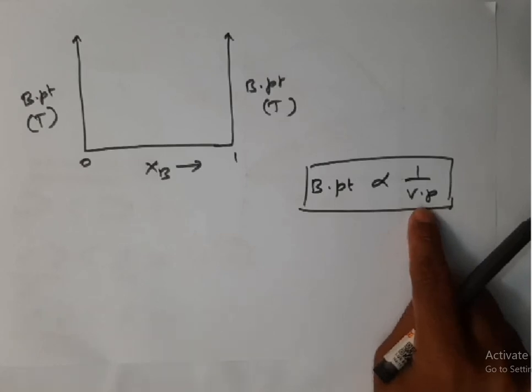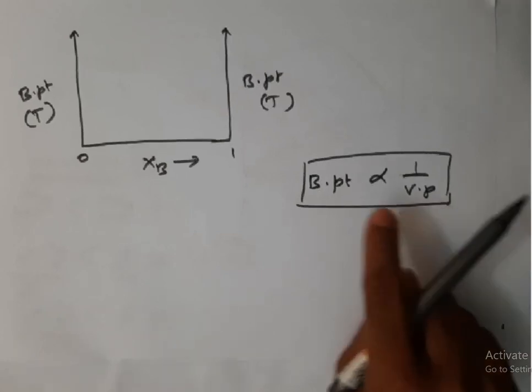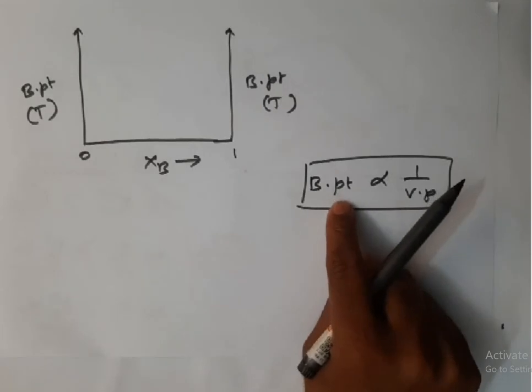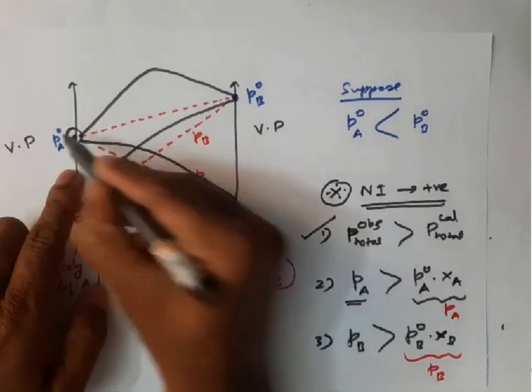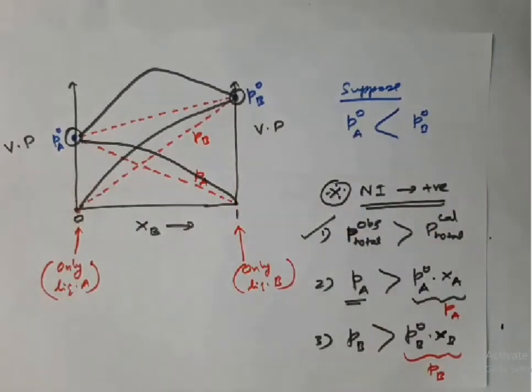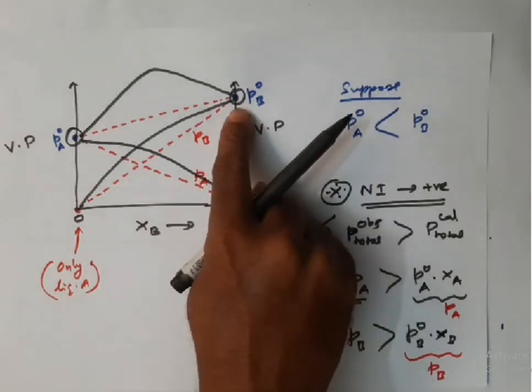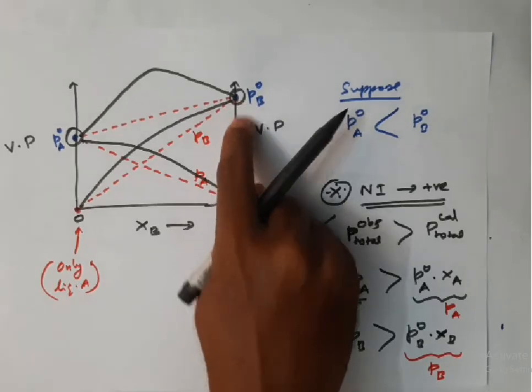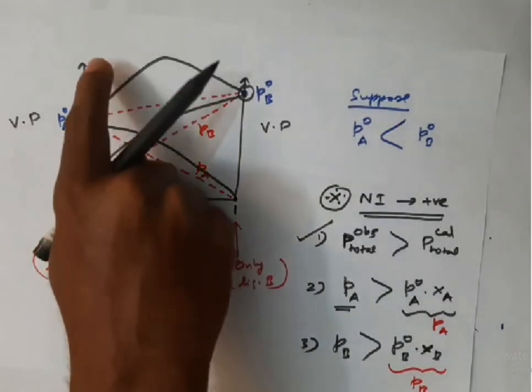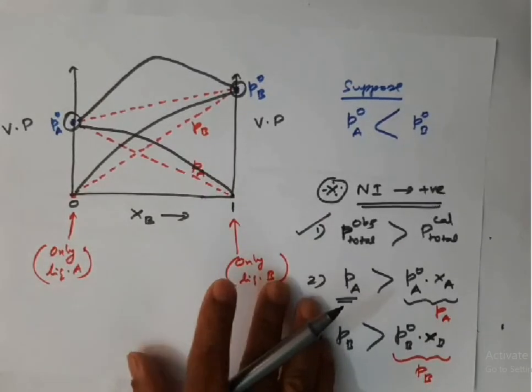If vapor pressure is high, boiling point will be low. Okay, now listen, see here, among A and B, which vapor pressure is high? A or B? Vapor pressure of B is high, right? Therefore, boiling point of B will come down, boiling point of A will go up, correct?